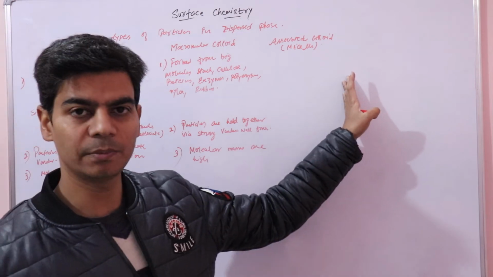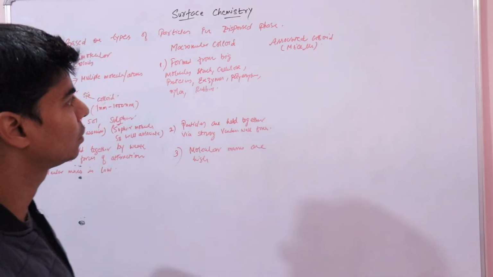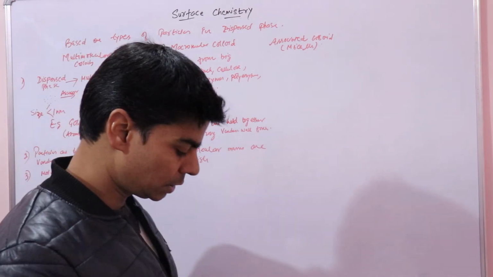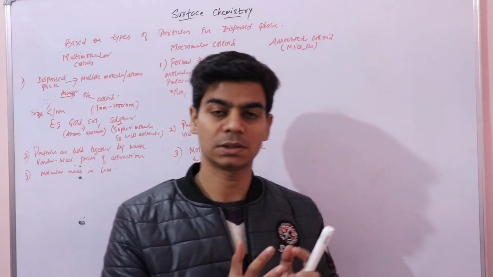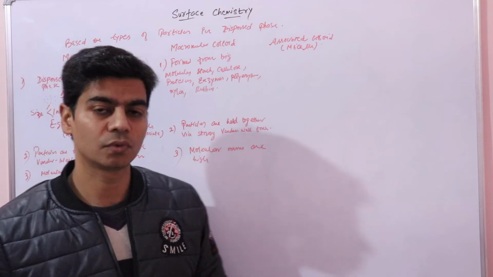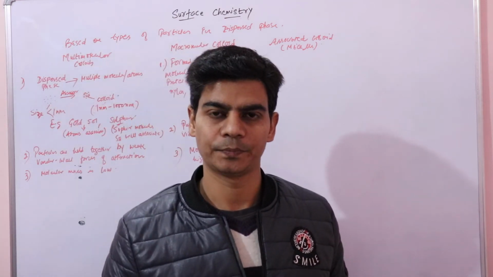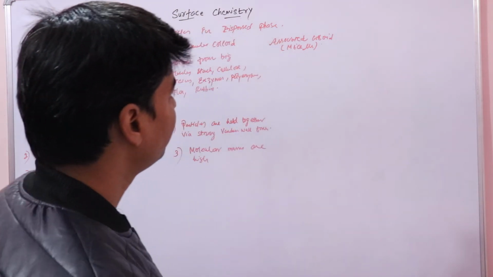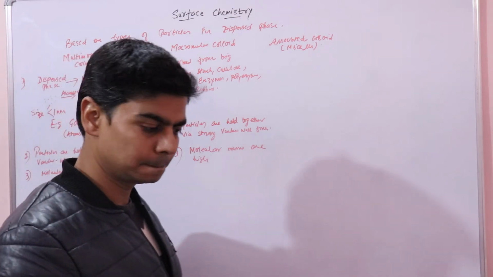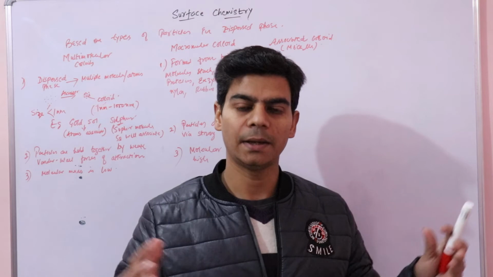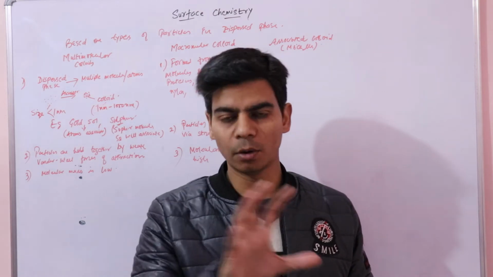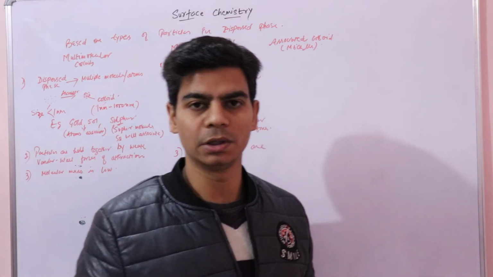Let's come to the third type of colloid, which is associated colloids. Associated colloids, as the word says, associate. So particles that associate in this type of colloid are ions. When in solution, ions aggregate or associate, and they form bigger particles of colloidal size.